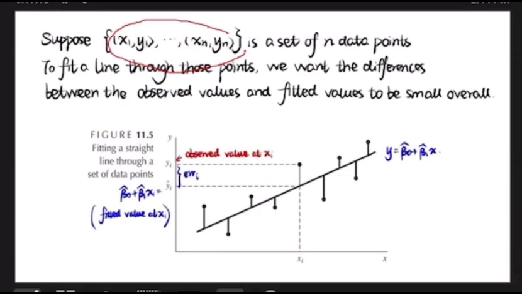I showed you the linear model, quadratic, exponential. There are so many of them, and the only way to make sense of which model we're going to specify is to generate a scatter plot.